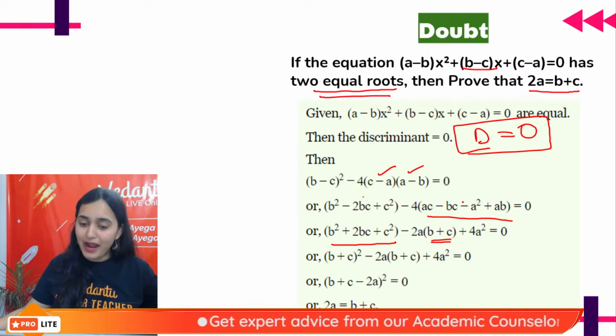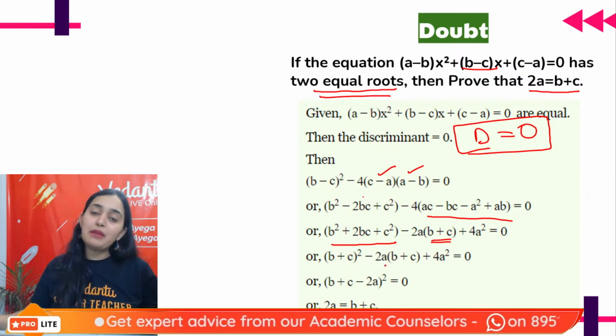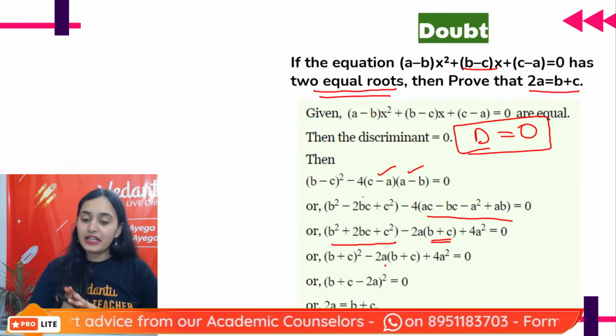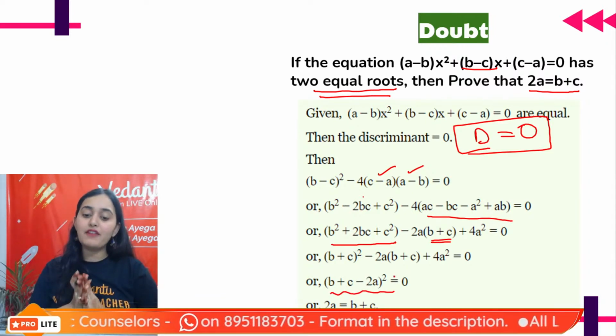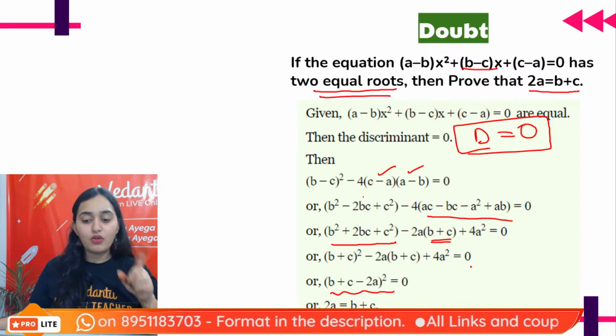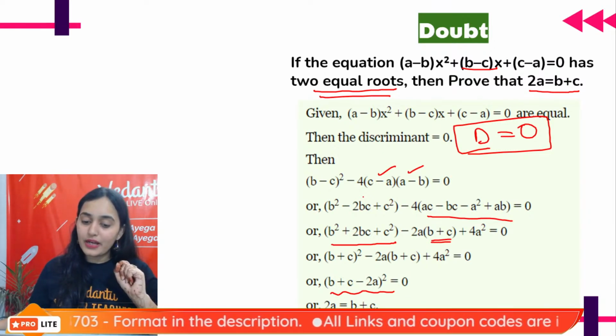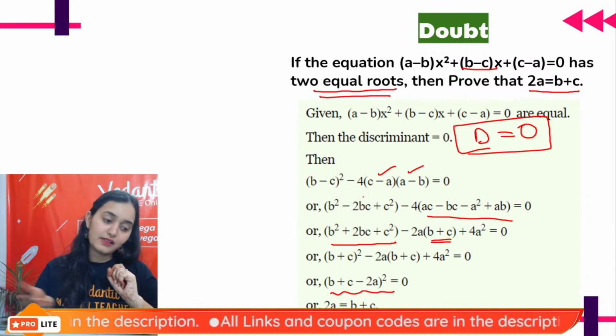So once we have expanded, we are trying to get b plus c as common. After getting common, we have reduced it to another factorized form, and finally we are getting b plus c minus 2a whole square is 0. And when we equate it, we'll get 2a is equal to b plus c as the proof.